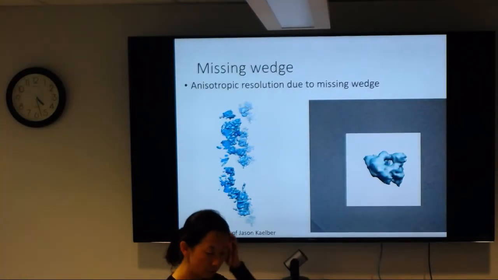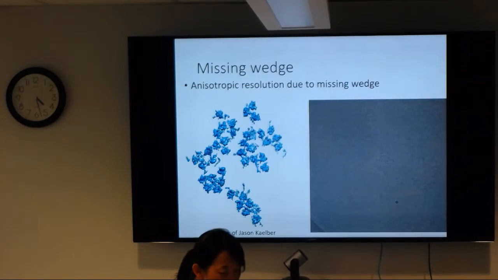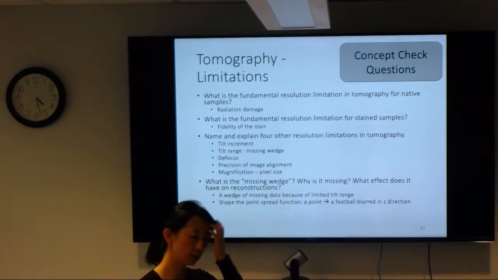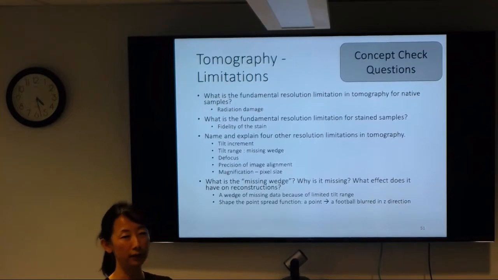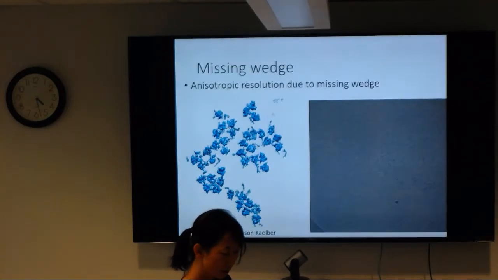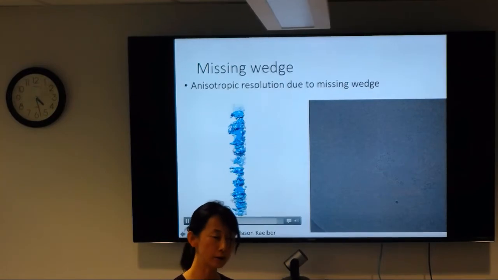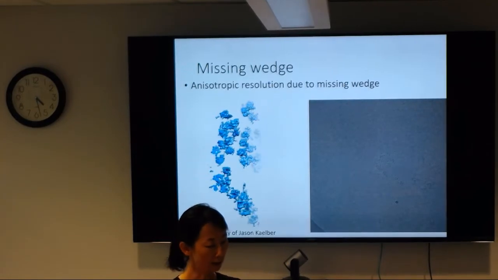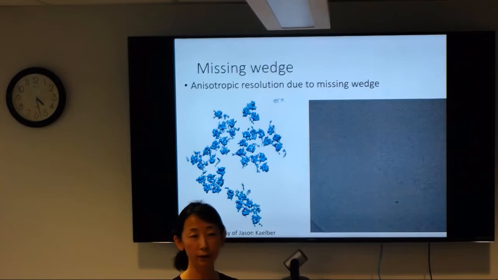So the missing wedge is actually one of the limiting factors in tomography. This is relevant to the discussion we have. For example, this is a polysome tomogram. From the XY view, it looks perfect, good looking, right?